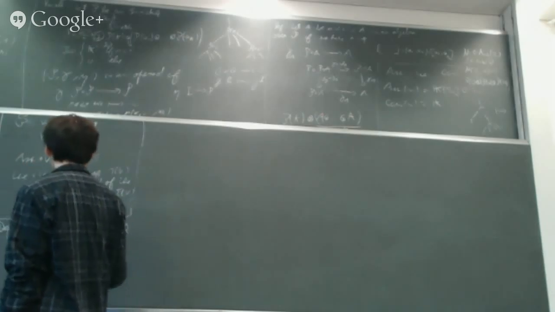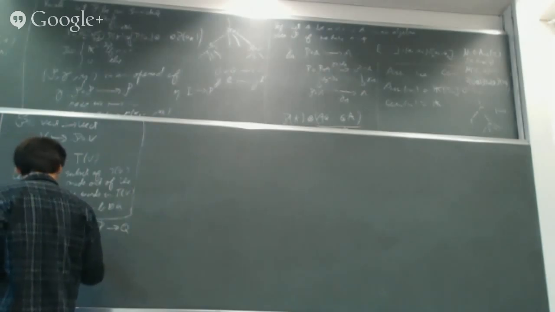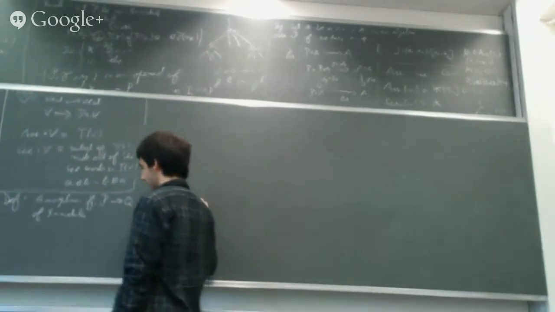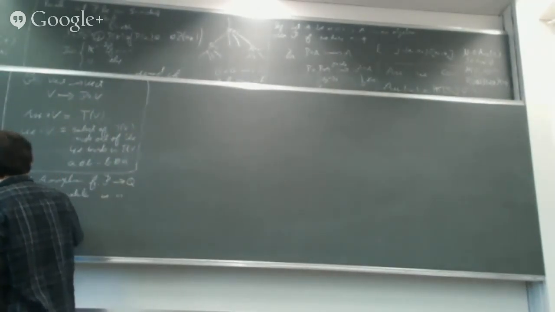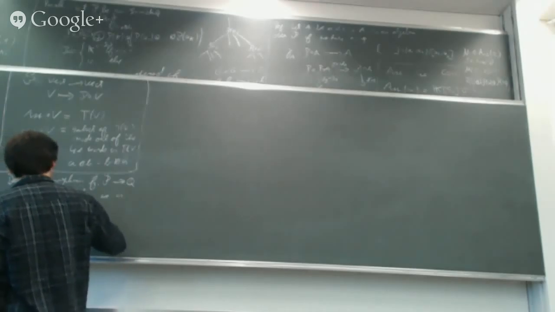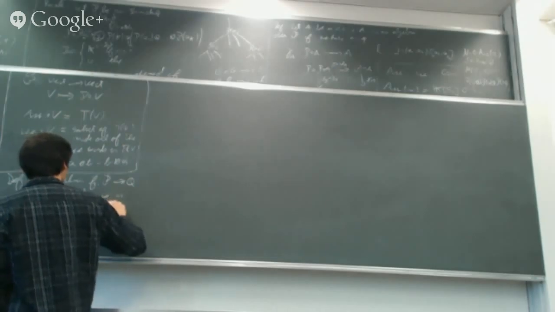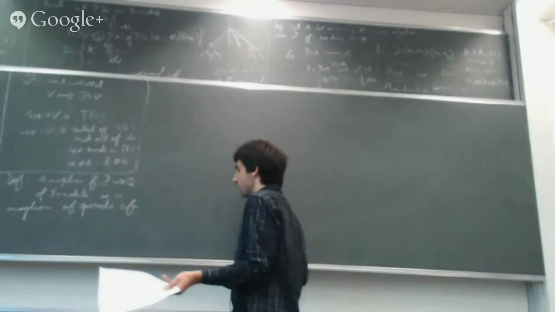A morphism F of S-modules from P to Q is said to be a morphism of operads if it commutes with composition.